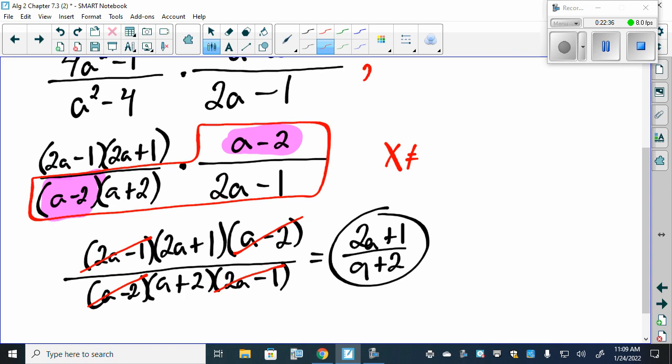We can set it up as a minus 2 equals 0 to see what value of a is going to make it equal 0, which would be 2.